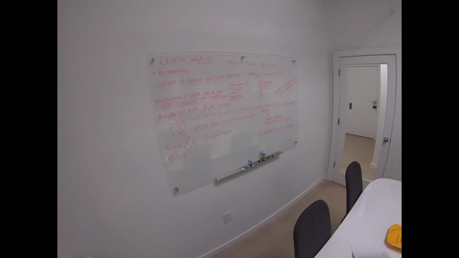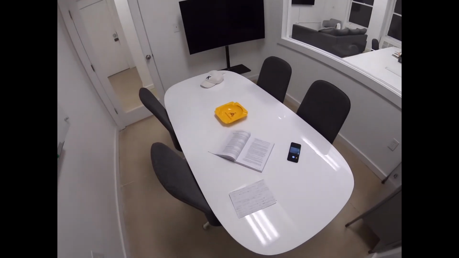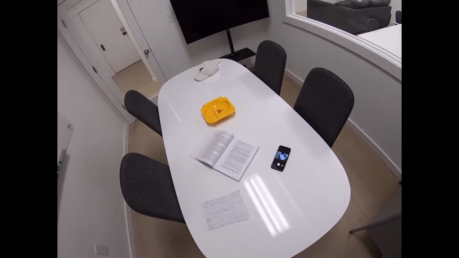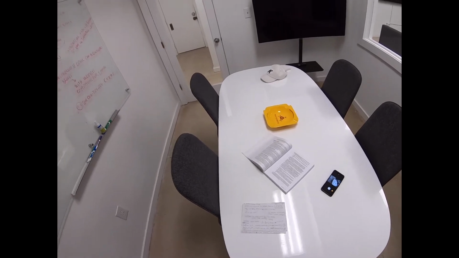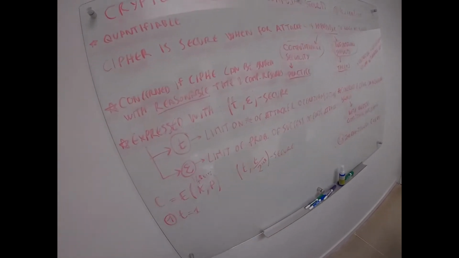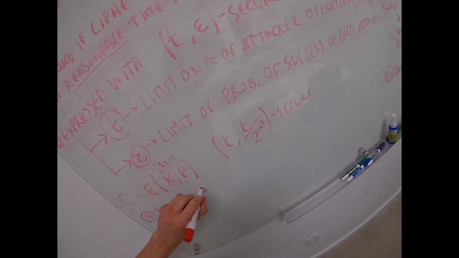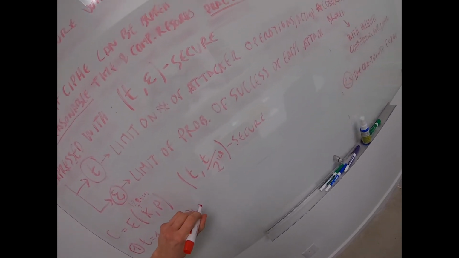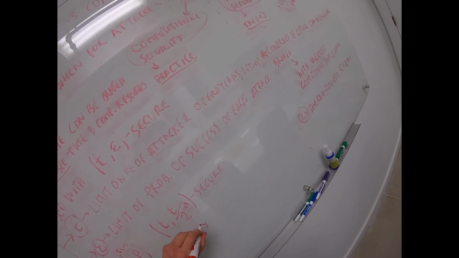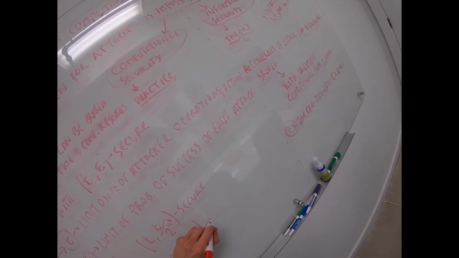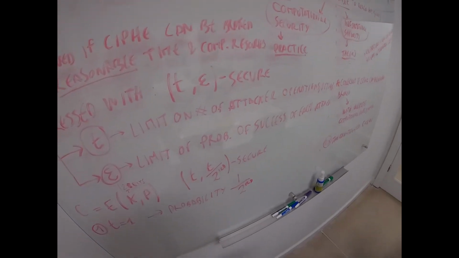My strategy as an attacker is to try 1 key, like guess it, kind of a lottery attack. If the attacker tries 1 key, his probability will be 1 over 2 to the 128.